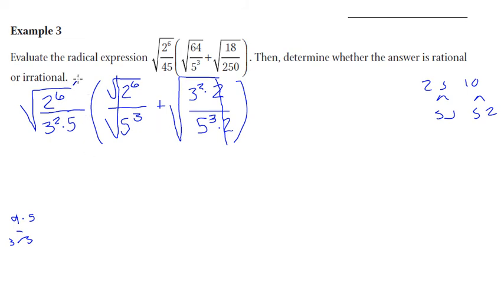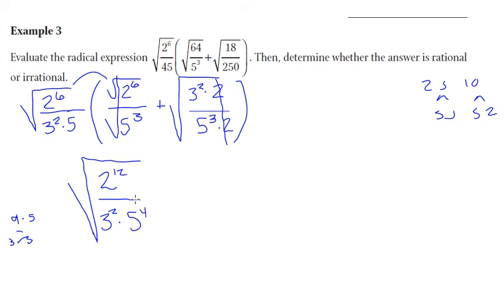So my first piece when I distribute is this is going to become the giant square root of 2 to the 12th. Then underneath here, I'm going to have 3 squared times, 5 to the 1st and 5 to the 3rd is going to give me 5 to the 4th.